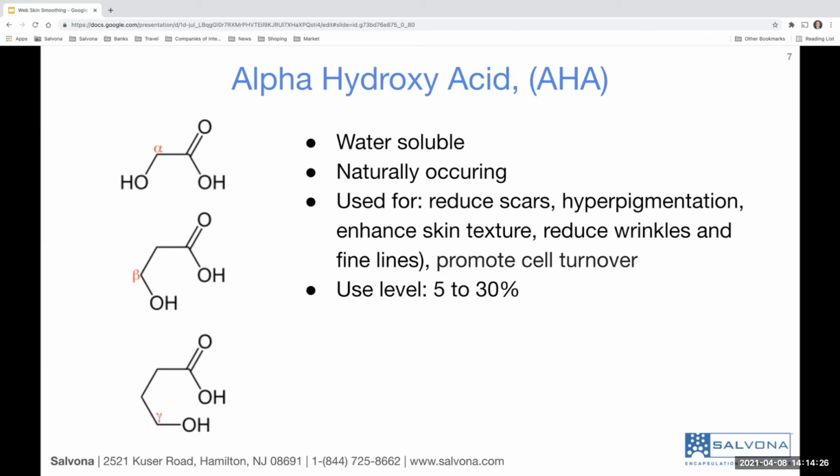They only work on the surface, at high concentration, and the major issue, some people have sensitivity to alpha hydroxy acid, and more than this, they are sun sensitive. So it's not recommended to wear alpha hydroxy acid in day creams, especially if you're going to be exposed to the sun. So this is all about alpha hydroxy acid. We'll come back to this in a few minutes.